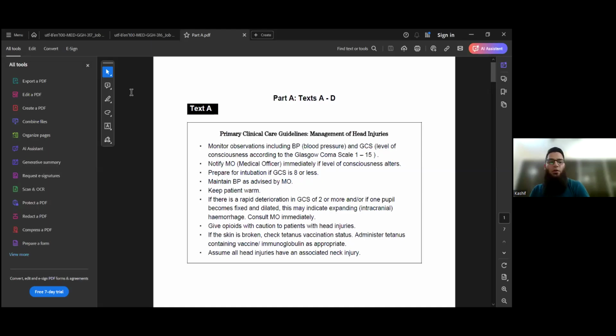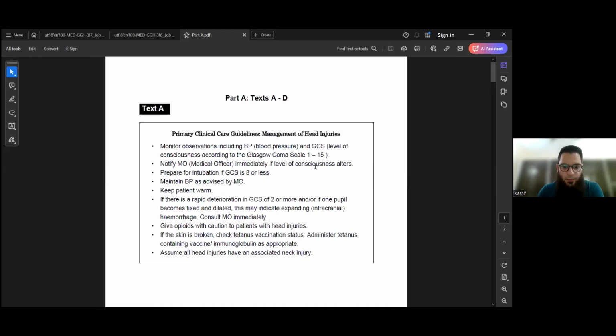Okay, guys, are you with me? Yes, there we go. Can you guys see the screen? Everybody, can you see the screen?